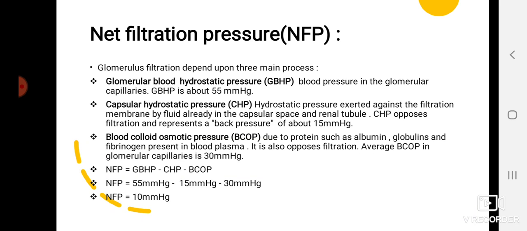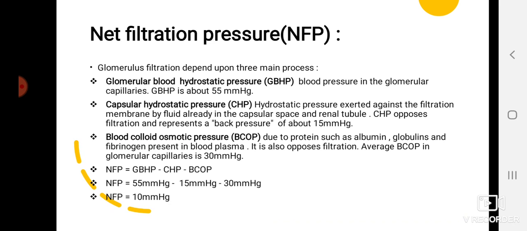So this is the formula for how we calculate the NFP. Glomerular blood hydrostatic pressure minus capsular hydrostatic pressure and blood colloid osmotic pressure. The capsular hydrostatic pressure is subtracted because it applies an opposite back pressure to the glomerular capillaries.